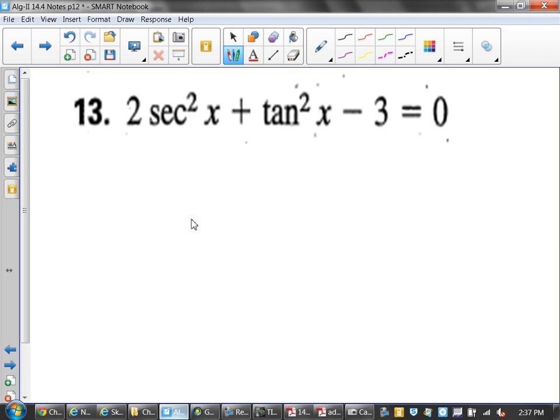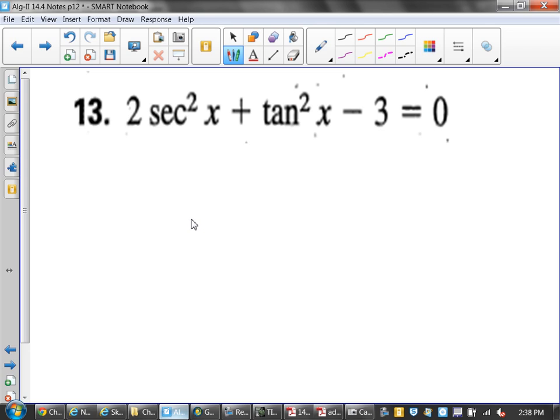Both of those have the exact same degree, don't they? If I want to rewrite one of these trig functions as something else, which one would be easier to rewrite: secant squared into a tangent squared, or tangent squared into a secant squared? Secant squared into a tangent squared.